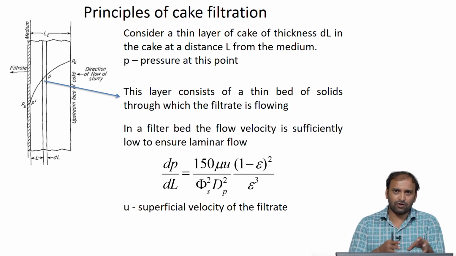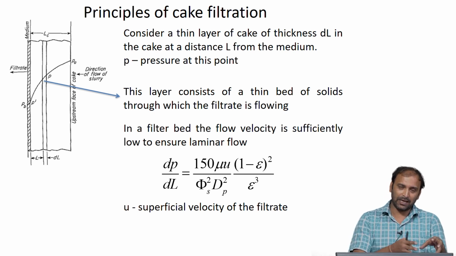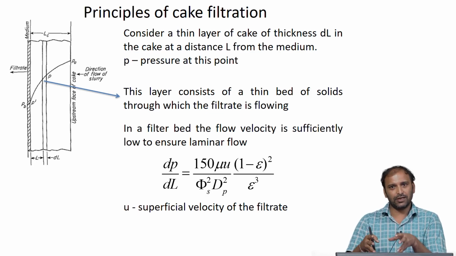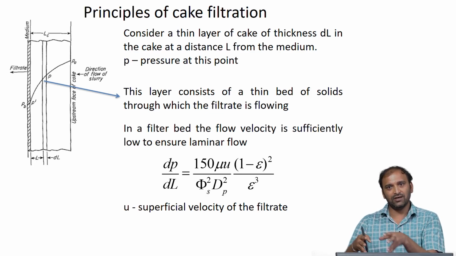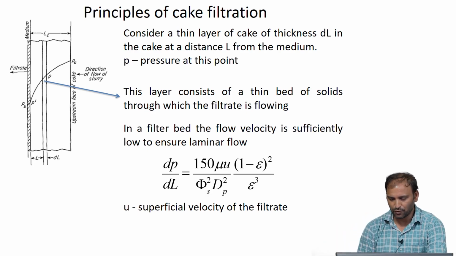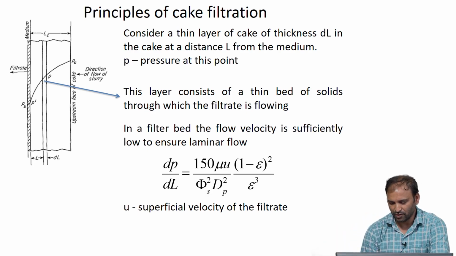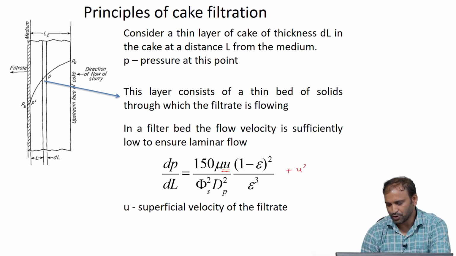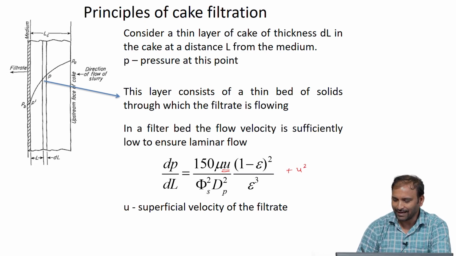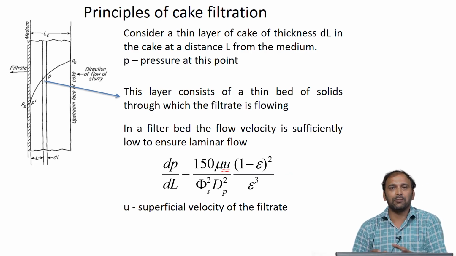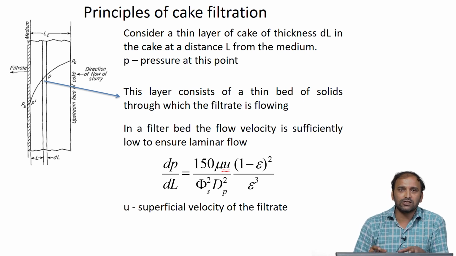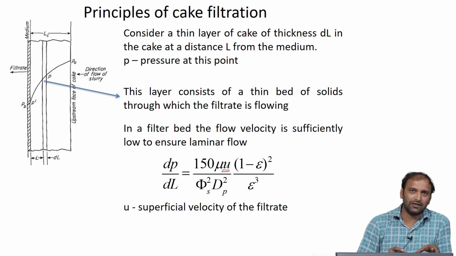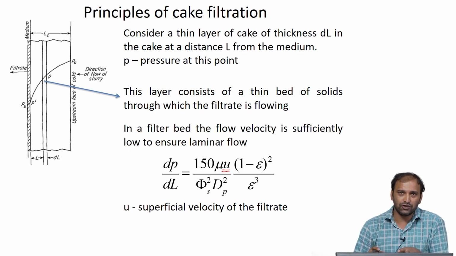The pressure drop across the packed bed has two terms, the laminar flow term and the turbulent flow term. The laminar flow term is proportional to u, the superficial velocity of the filtrate, and of course there is going to be a u square term that we are neglecting because we are assuming laminar flow, which is true because the velocity with which the filtrate flows through the filter cake is sufficiently low.